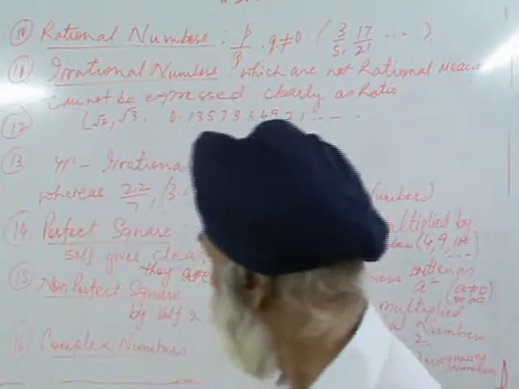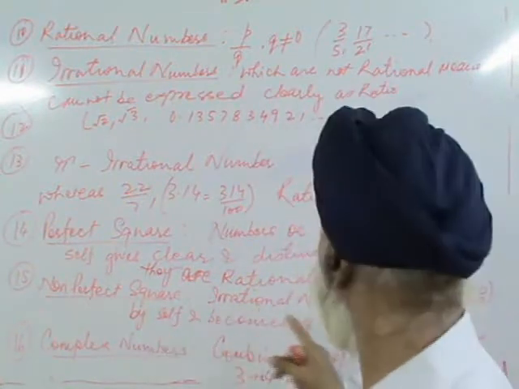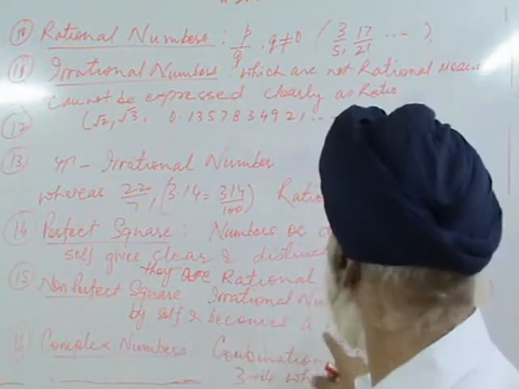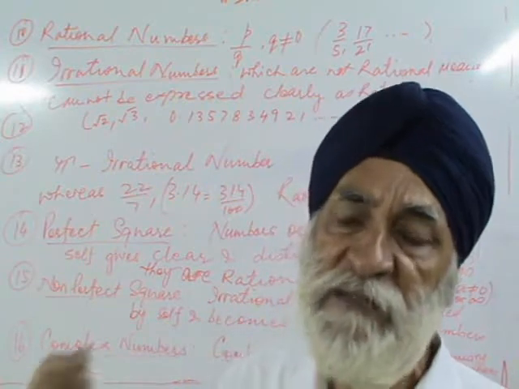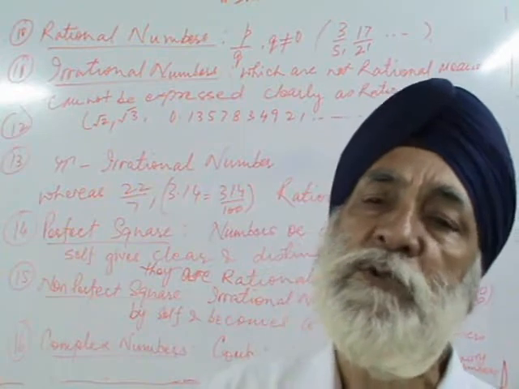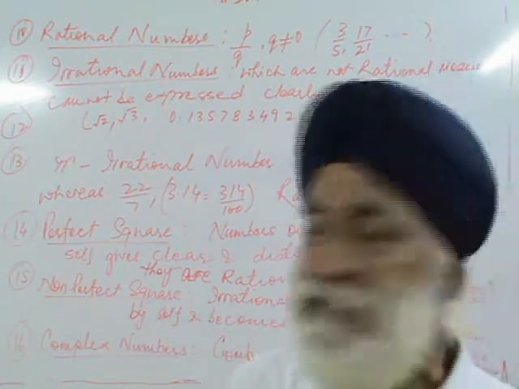Non-perfect squares are irrational numbers which, when multiplied by themselves, give a rational number. That is, root 2 into root 2 becomes 2, root 3 into root 3 becomes 3, root 17 into root 17 becomes 17.